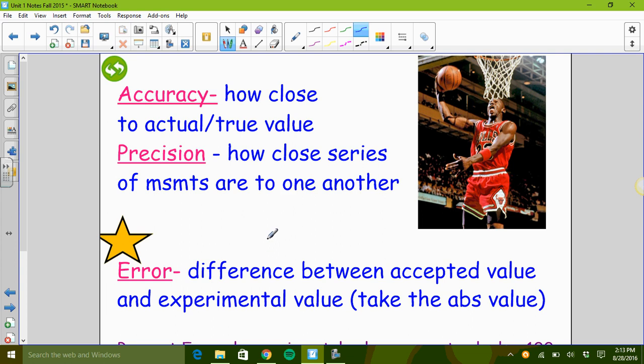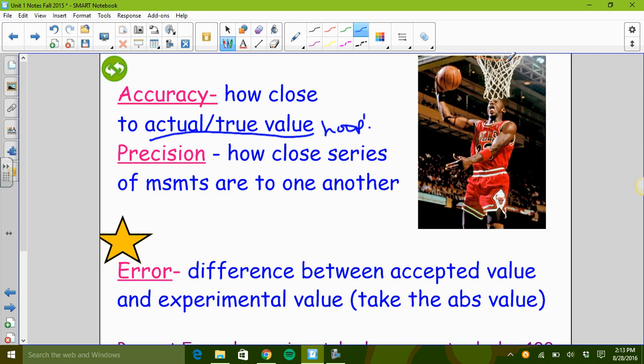Accuracy and precision. These are two terms that most people use pretty interchangeably. However, they're not the same thing. So if you think about Michael Jordan and what his accurate choice is when he's playing basketball, it's probably to get the ball in the hoop. So he wants to see how close he is to the true value, which is the hoop in this case.